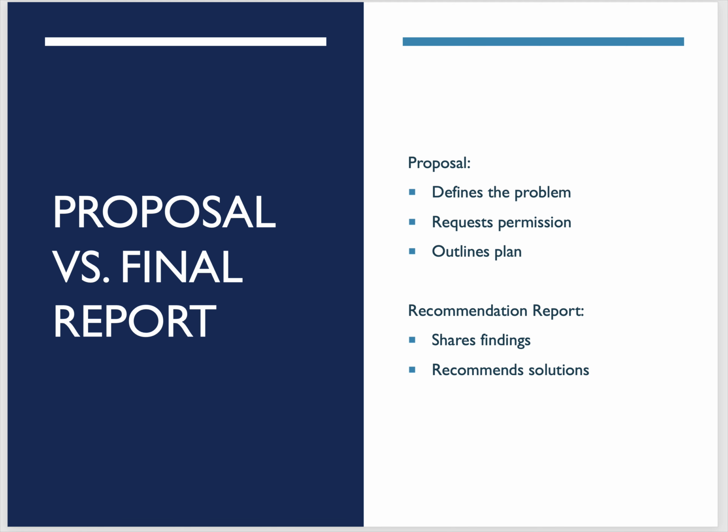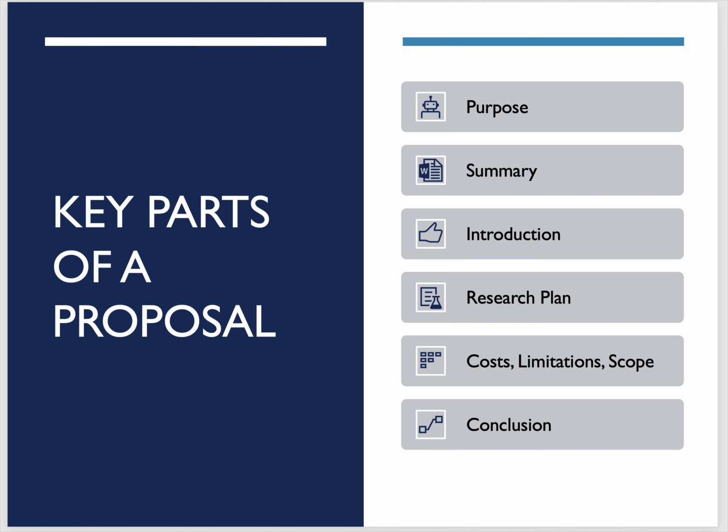The recommendation report will share your findings and provide a recommended solution. So that means your proposal should not include a recommendation to the problem. And again, the problem is outlined on the Unit 2 assignment description.